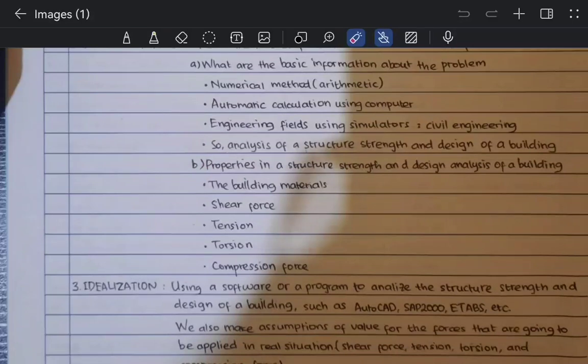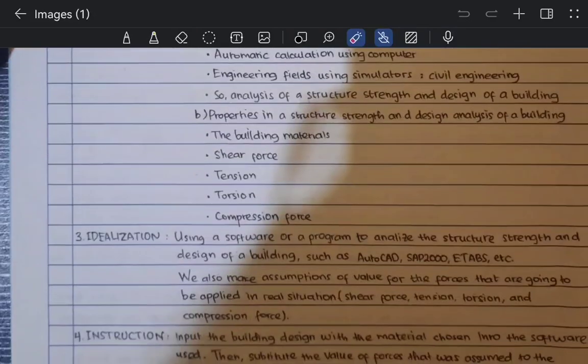Here we will try to find the properties that act around in a building when it is built. So the first one that matters in a building is the building materials, of course, and then the second is the shear force, the third is tension, the fourth is torsion, and the fifth is compression force.